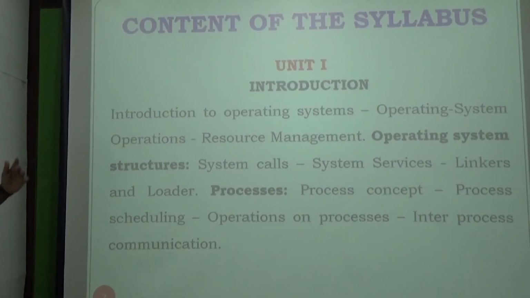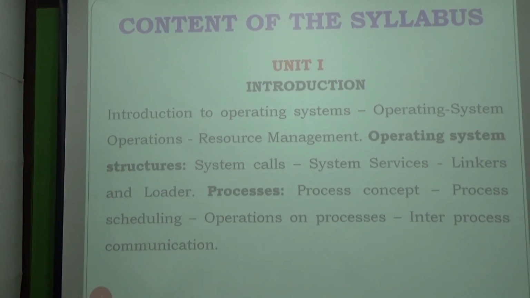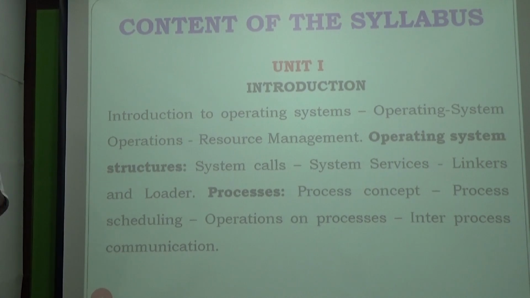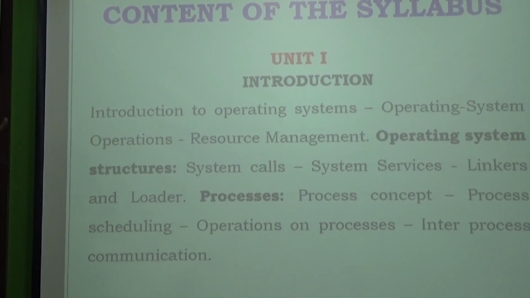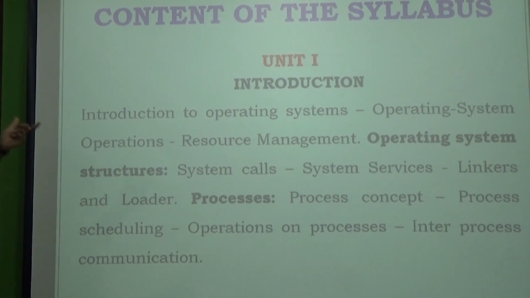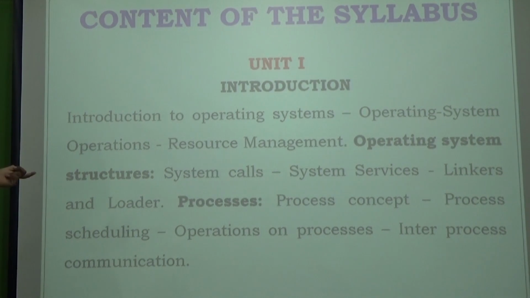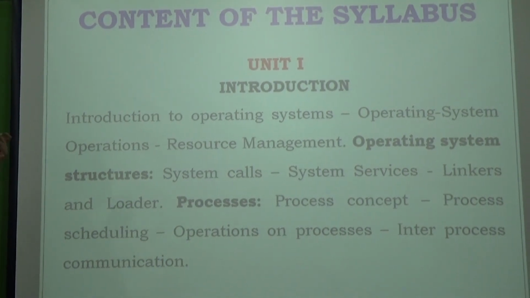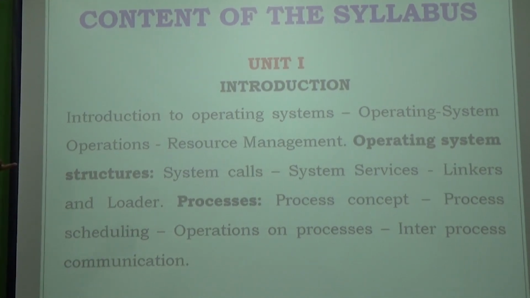So our first unit content of the syllabus, as I told you earlier, is an introduction. The introduction covers operating systems, operating system operations, and the resource management techniques we use in an operating system. The next one is operating system structures. In operating system structures, we are going to discuss system calls, system services, linkers and loaders.